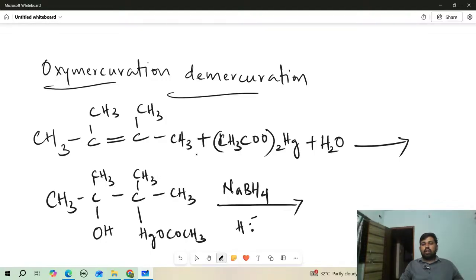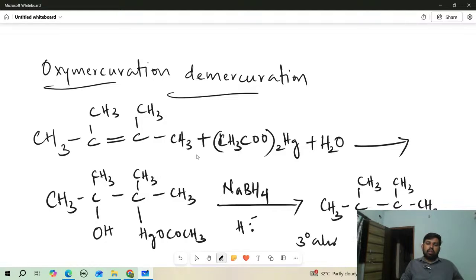This one is added here. It forms CH3, CH3, CH3, CH3 with OH and H. So we got here tertiary alcohol. No rearrangements. It's called anti-addition. This is how we prepared alcohol from the different methods.